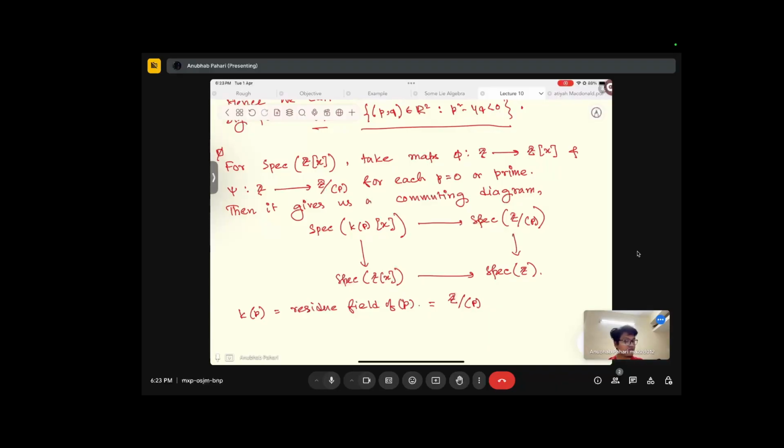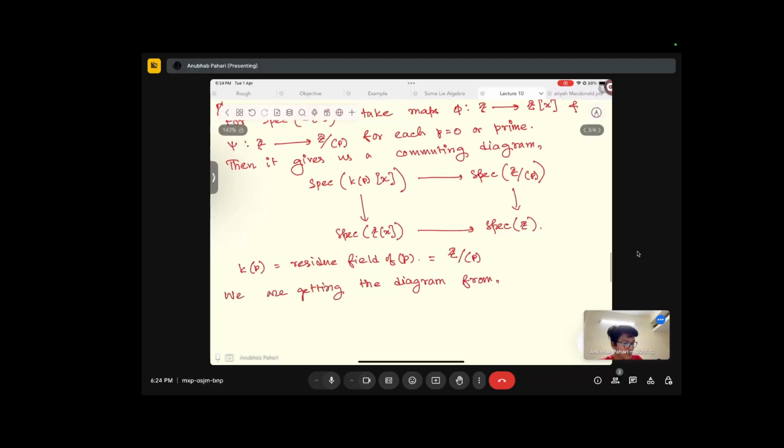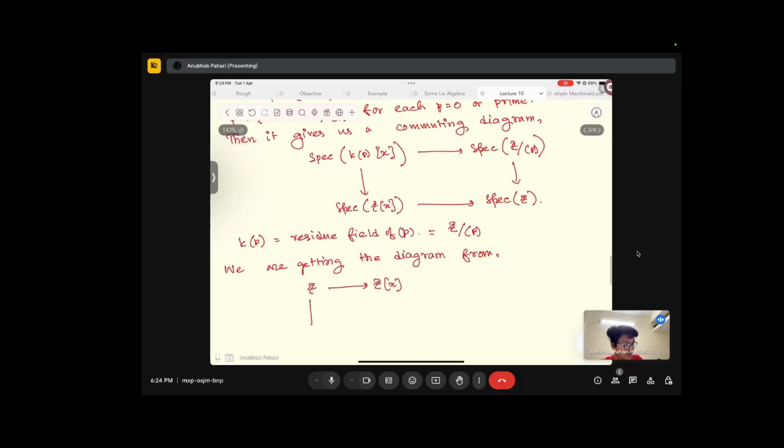And how are you getting this spec structure? Okay, we are getting the diagram from Z to Zx, simply the quotient map.